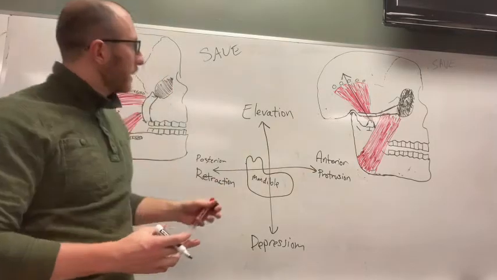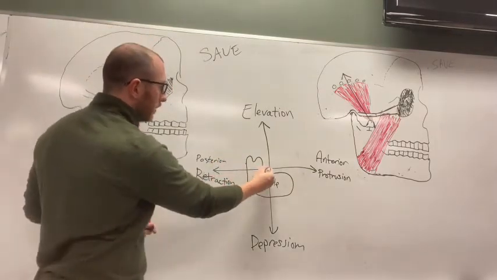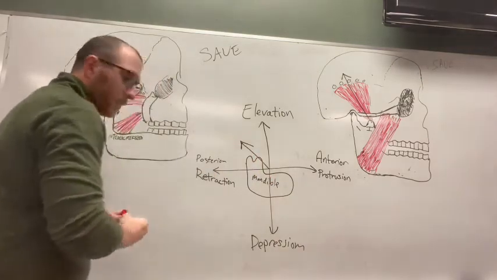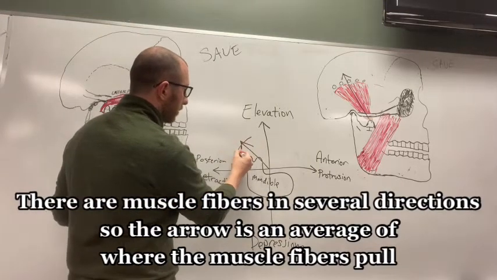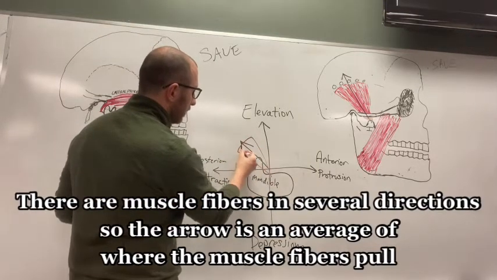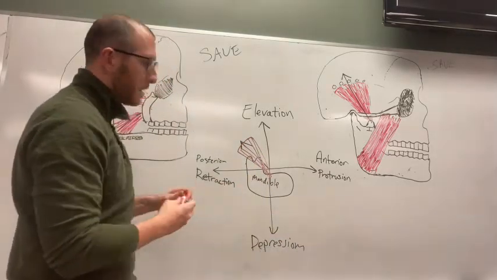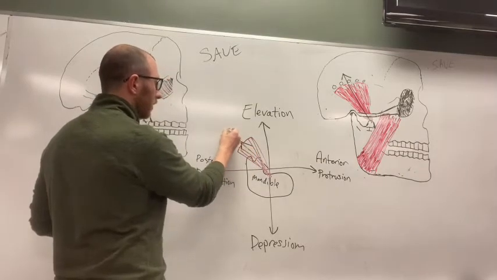Now if you look, the arrow is going just about this way, and I can draw another temporalis on here if you guys want. It's got muscle fibers coming down just about this direction here. But the main thing to look at is the arrow. The arrow is traveling this way.